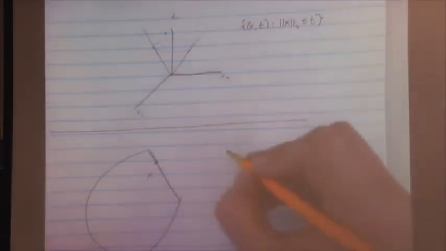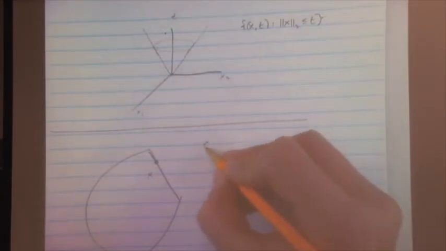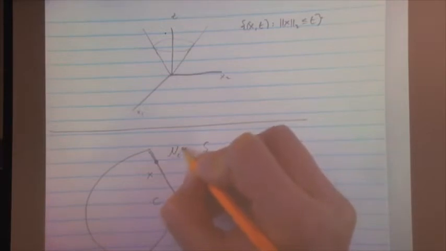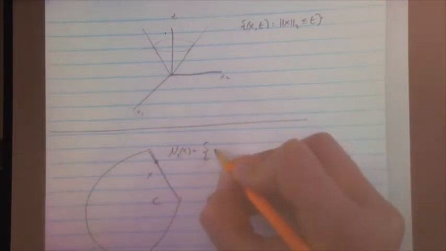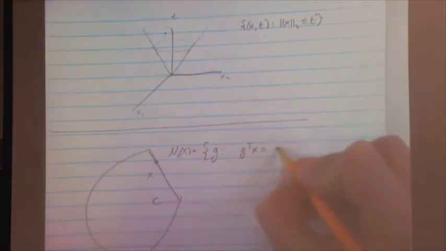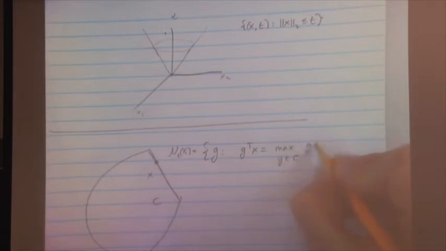Said differently, the normal cone of this set C at the point x is the set of all vectors g such that g transpose x is equal to the maximum over all y in the set C of g transpose y.